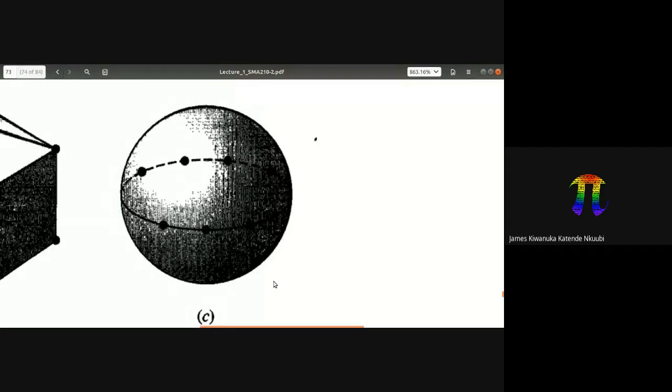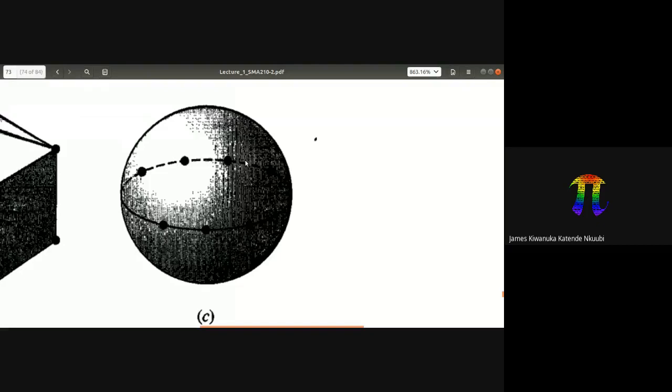So here is the last one. This one may not be very clear. The diagram is from the book. This one has 2 faces. There's just one face down here and another face up here. Then there are several edges. There are supposed to be 7 vertices, I think.